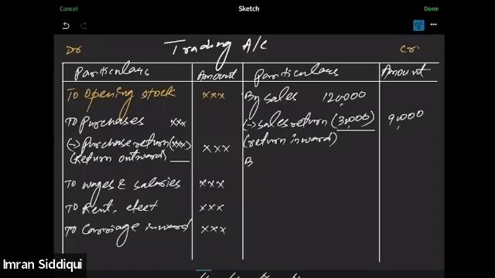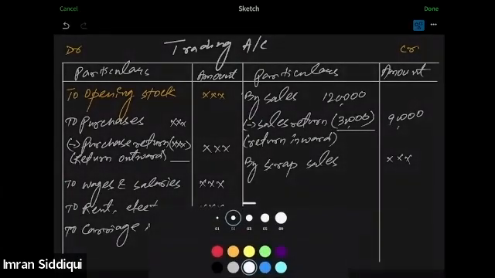So scrap sales will also be shown on the credit. Scrap sales is just like an income. Right, so this is it. Nothing much on the credit side of the trading account.